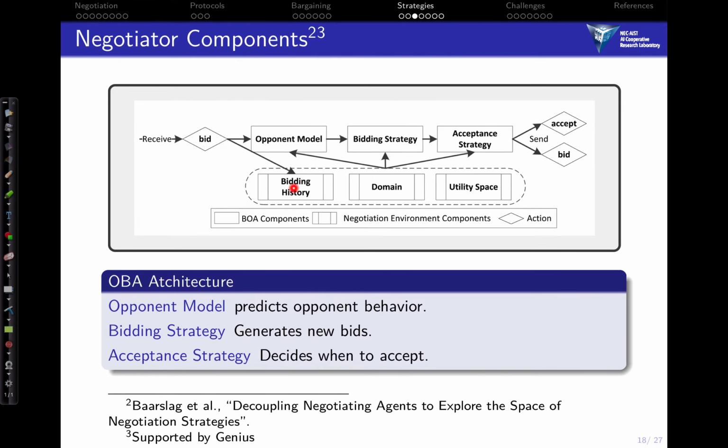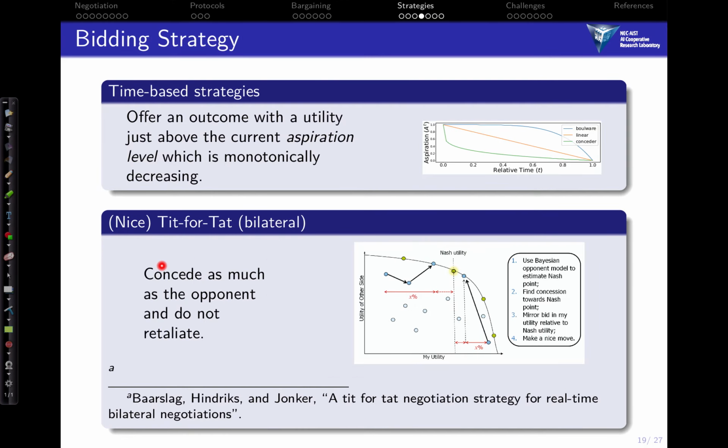So actually that is the most important part of the tutorial. Here I'm speaking about some specific bidding strategies that you can think of and that people have used. One of them is the time-based set of strategies, and there are many time-based strategies. The main factor here is that the behavior of the agent doesn't depend on the partner.